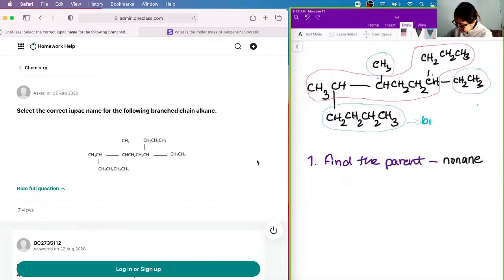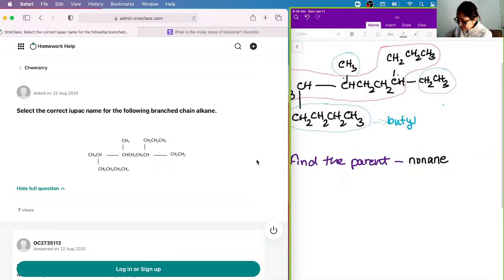So this is a butyl group. Okay, and as we mentioned, this was our ethyl, and this is our methyl.